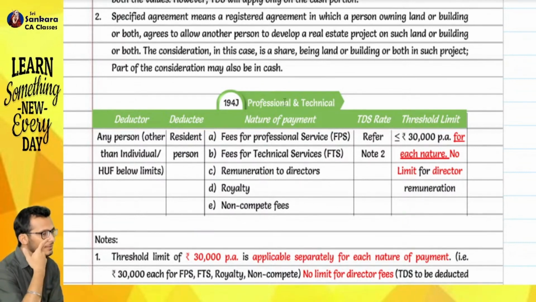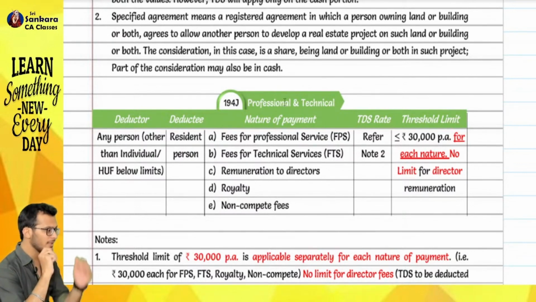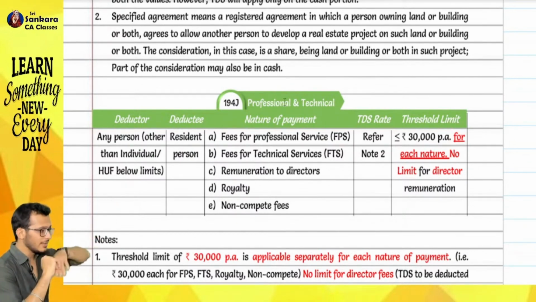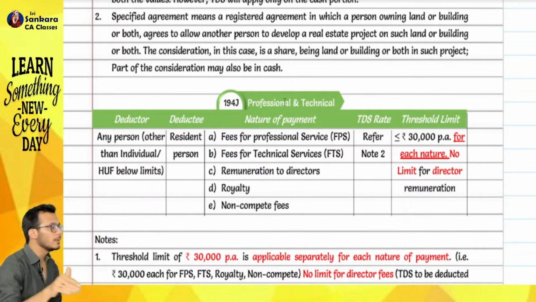Limit is 30,000 per payment nature, meaning 30,000 for royalty separately, 30,000 for FTS separately, 30,000 for FPS separately. No limit for director fees.